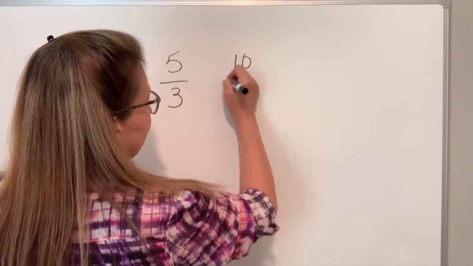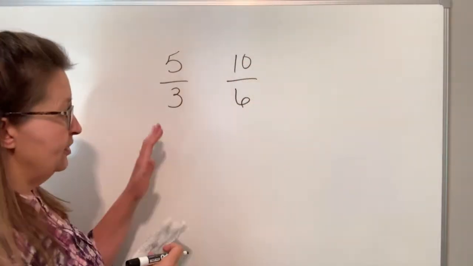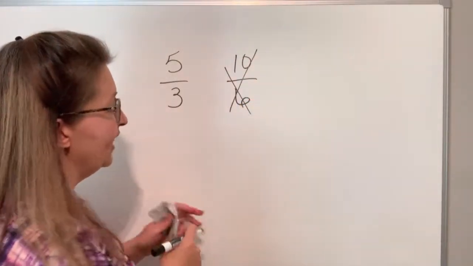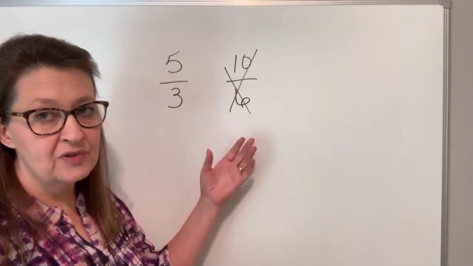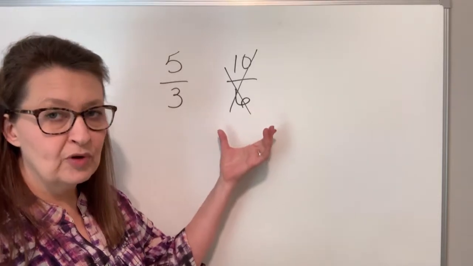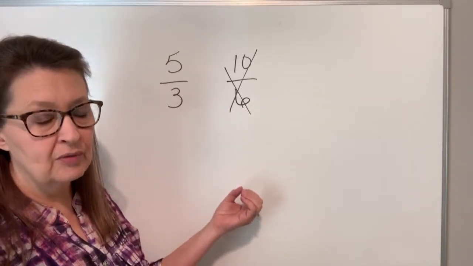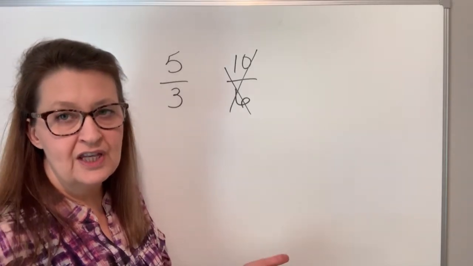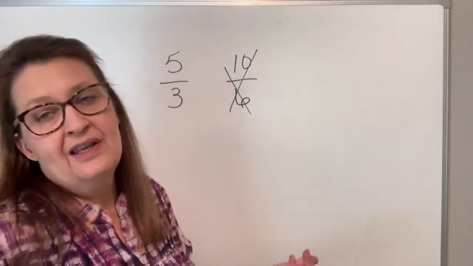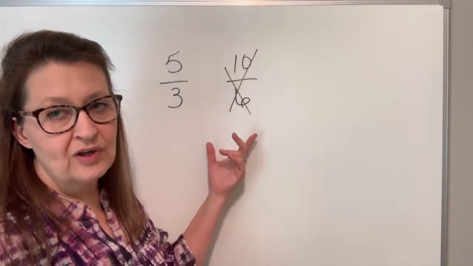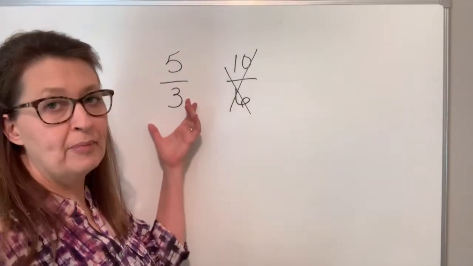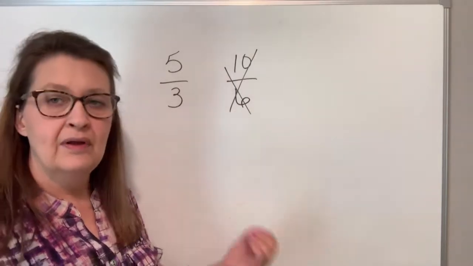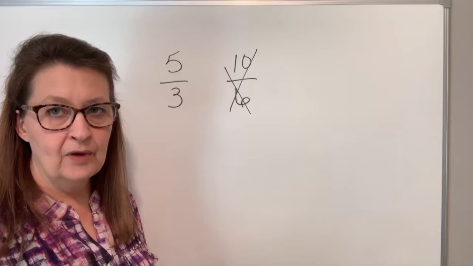Now, if I had 10/6, you see, this is wrong. I could not leave this for an answer because it's not lowest terms. It's not wrong because it's improper, but it's wrong because it's not lowest terms. Usually when we work with fractions or mixed numbers, the first thing you have to do is change them to an improper fraction. So I usually at this point just leave my fractions improper until the very end. And if I'm told to change it to a mixed number, then that's what I do. Okay?